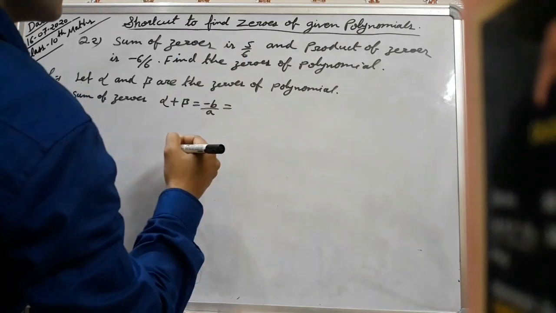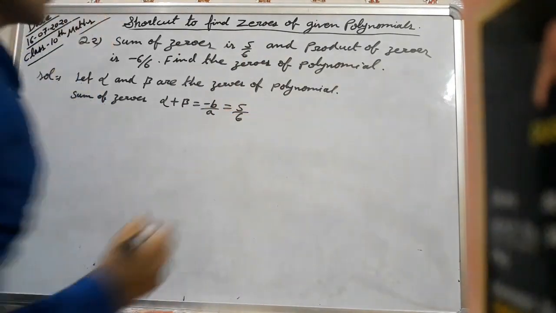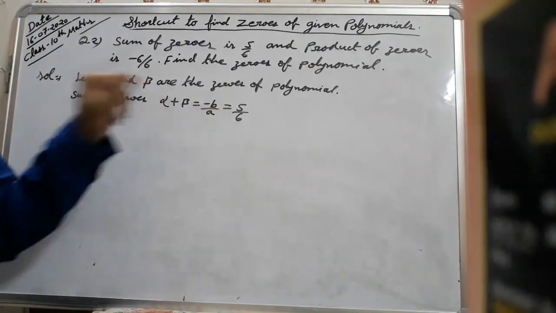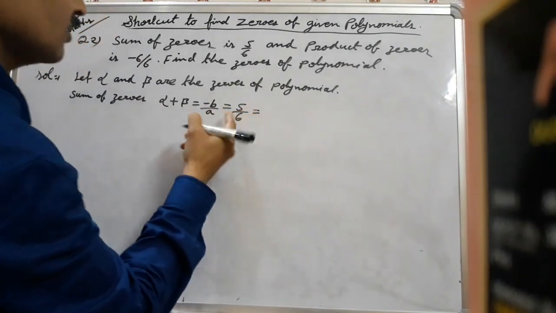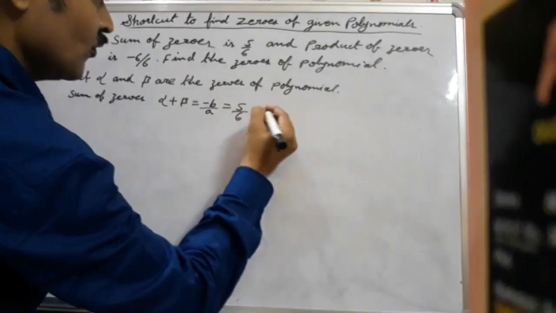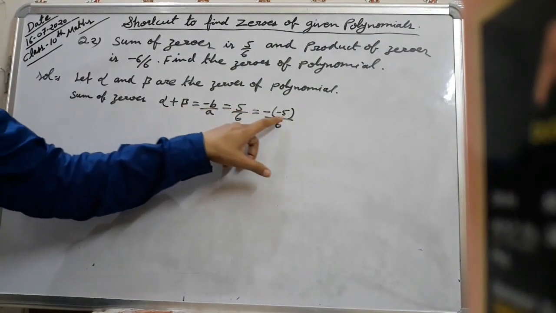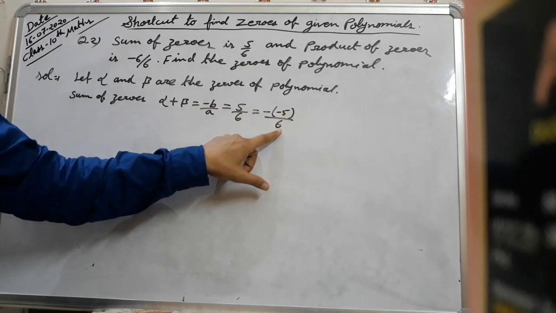That is 5 by 6. Now you have to find the value of b here. This is plus 5, so how will you write it? Minus 5 by 6. Now you can say the value of b is minus 5, and value of a is 6.